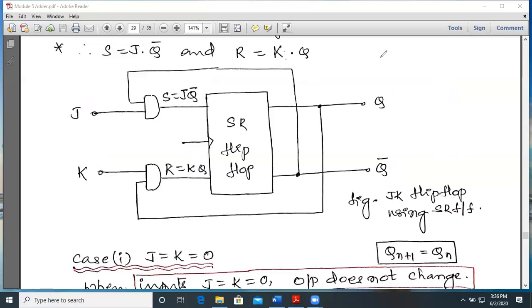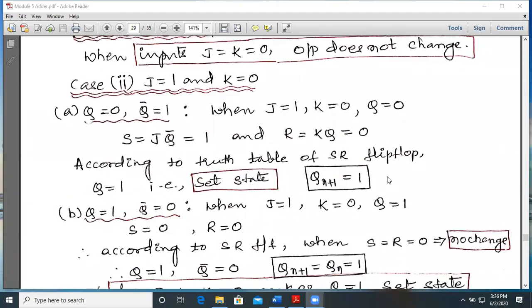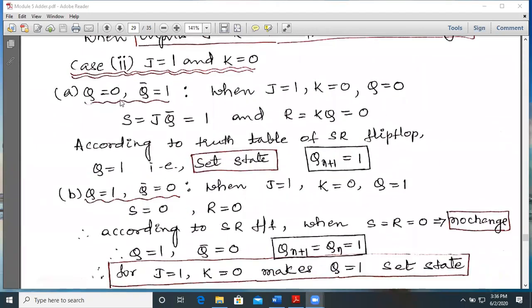Okay, so now let us see how it is being written. Here you could see when Q is 0, Q bar is 1, we are going to get the set state. What's the meaning of set state? We are getting Q equal to 1, or Qn plus 1 is equal to 1.